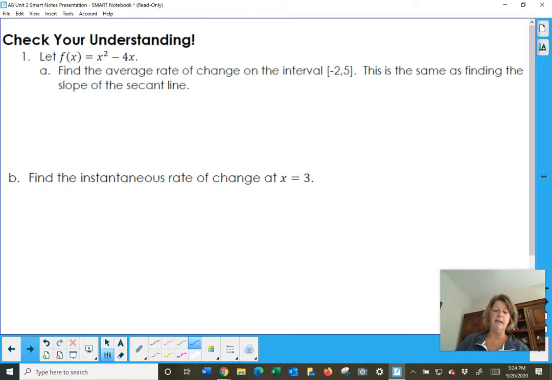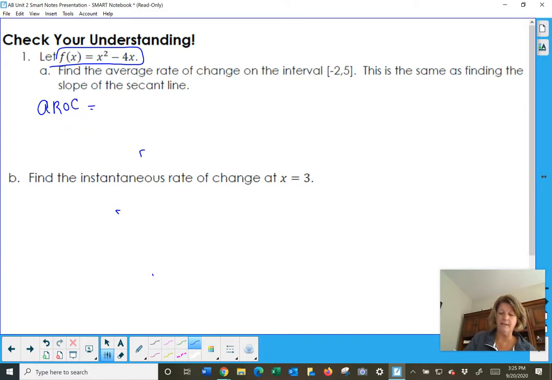Check your understanding. Let f of x equal x squared minus 4x. Find the average rate of change on the interval. This is the same as finding the slope of the secant line, which we have been doing earlier. So f of x equals x squared minus 4x. I want the average rate of change. Sometimes that's referred to as AROC.